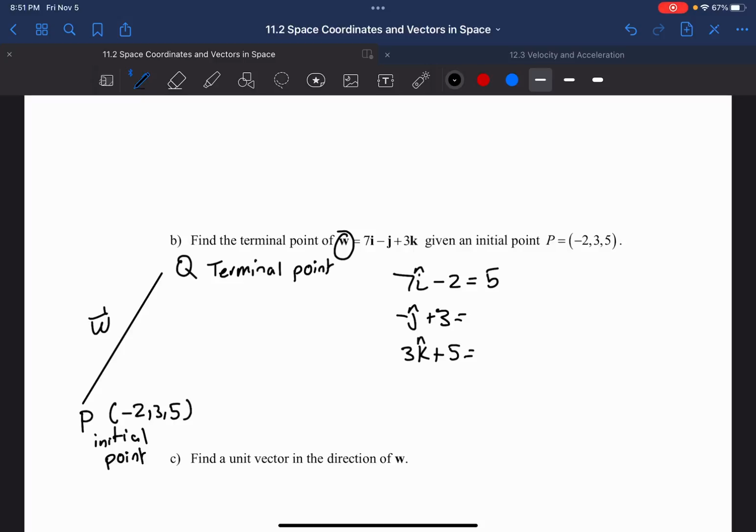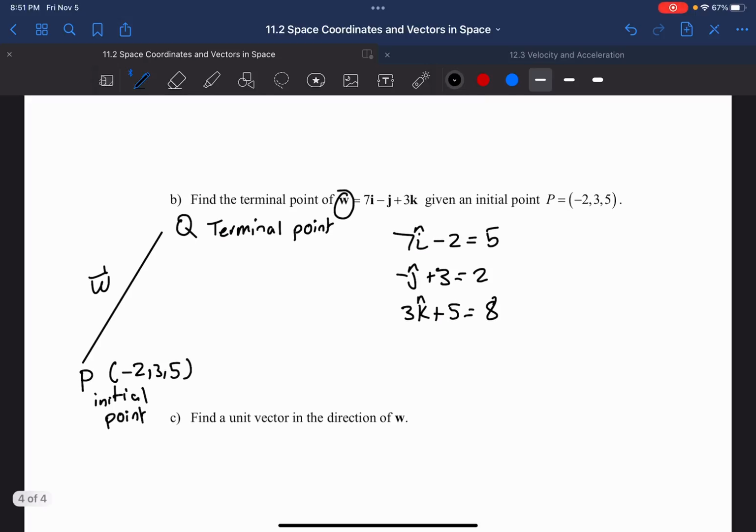So minus 1 plus 3 is going to be 2. And then 3 in the z direction plus 5 is going to be 8. So Q would be (5, 2, 8). All right.